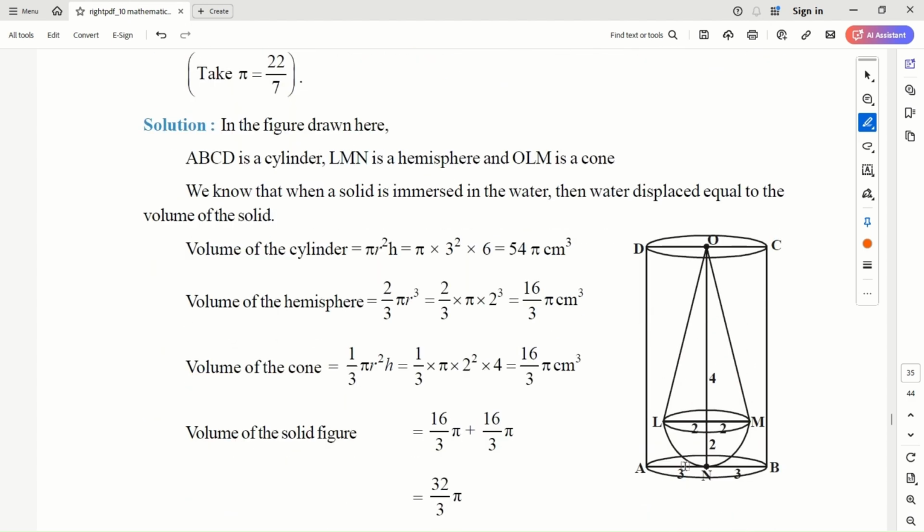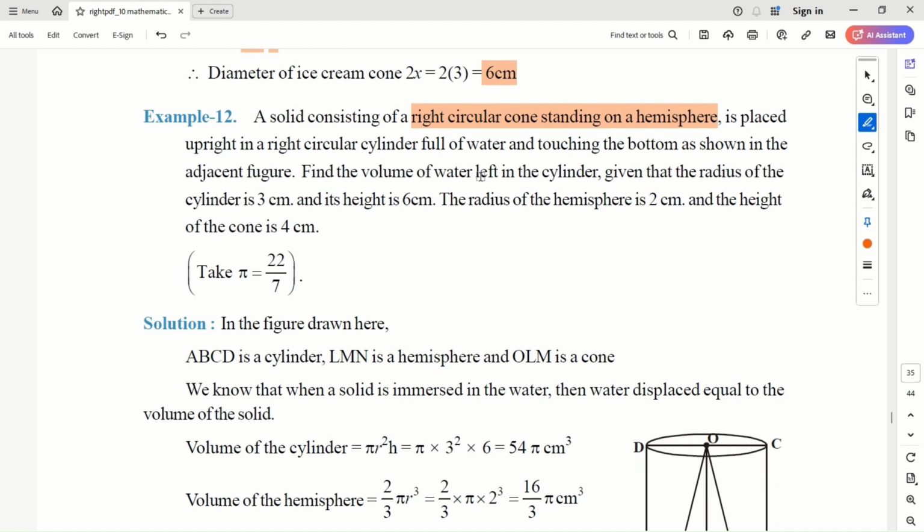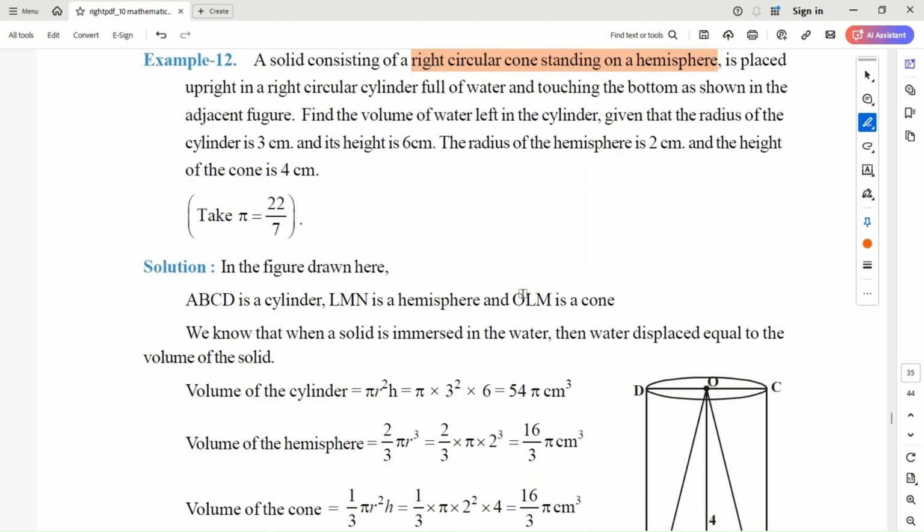This solid is immersed in a cylinder filled with water, touching the bottom as shown in the adjacent figure. Find the volume of the water left in the cylinder. Given the radius of the cylinder is 3 centimeters and its height is 6 centimeters.